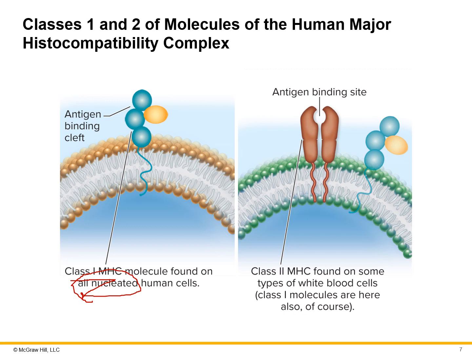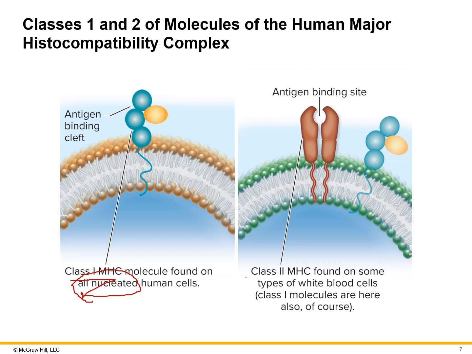In the case of a virus inside, those little virus particles would get presented on the outside of the cell so that those T cells could know they're inside. So again, all of our cells have those. We're randomly sampling the inside of our cells and placing molecules on those MHC class 1 molecules.